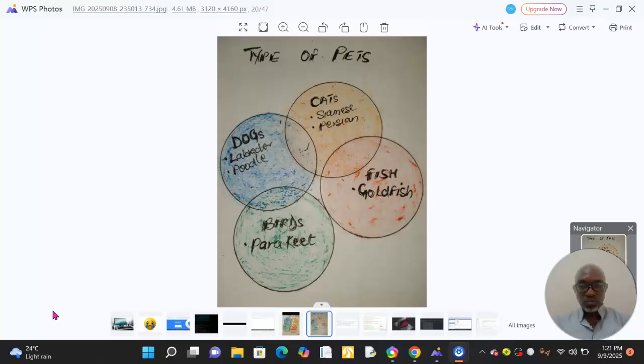Then left join between dogs and cats returns all dogs along with any cats that match. Right join does the opposite of left join. It returns all cats along with any dogs that match.